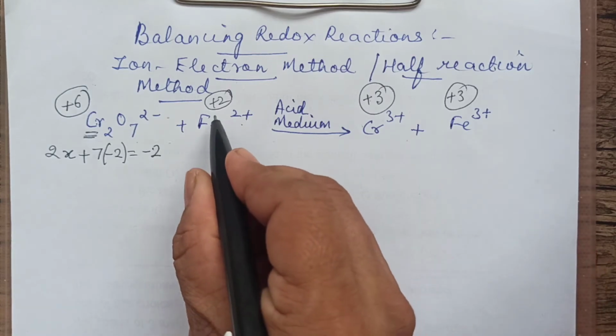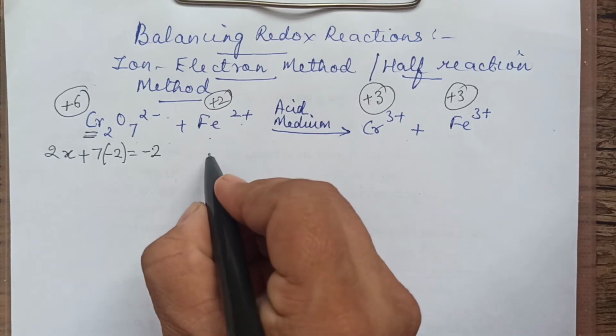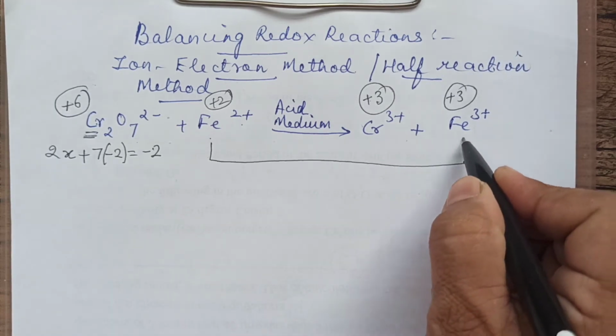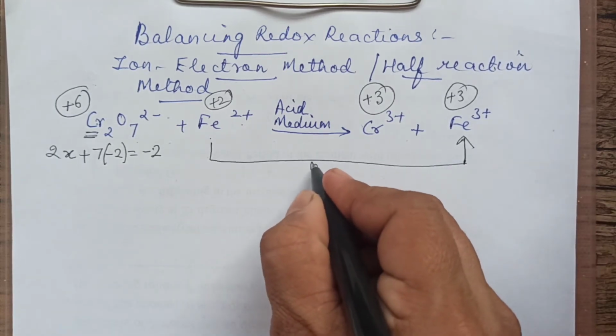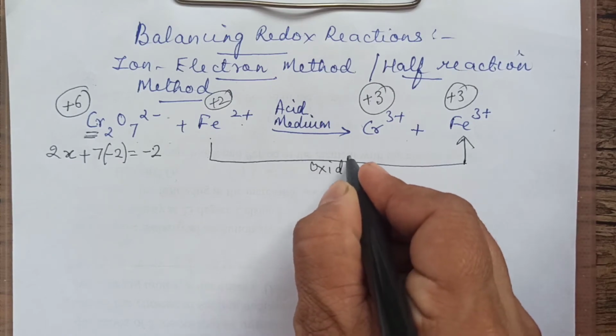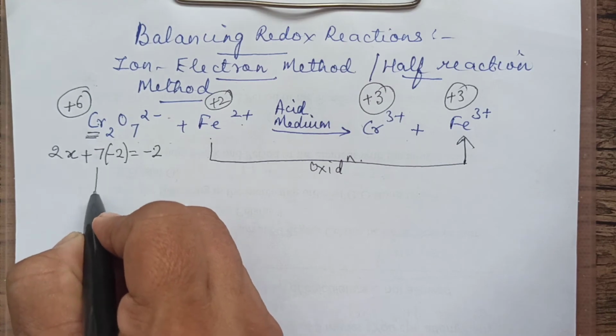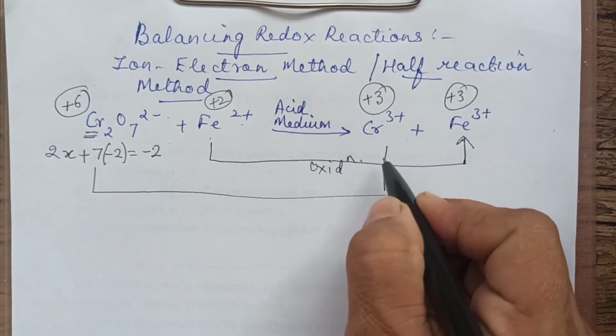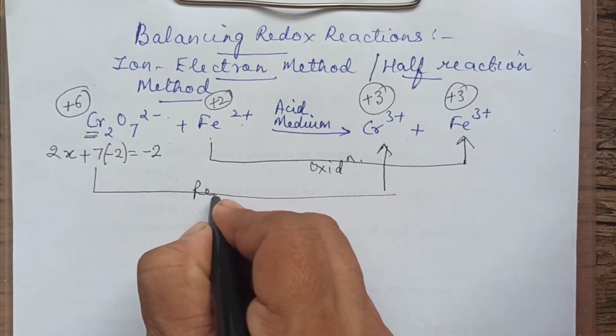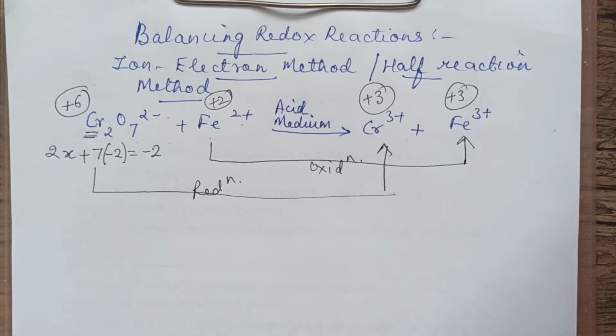Iron goes from 2 to 3, which means iron has undergone oxidation. Chromium goes from 6 to 3, so chromium has undergone reduction. So the first step was to calculate the oxidation state of every element.